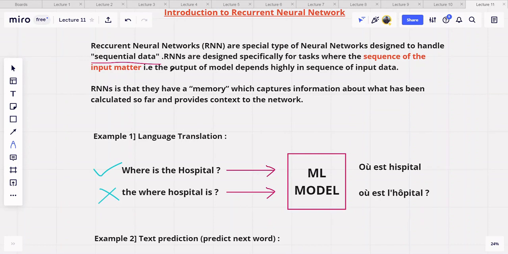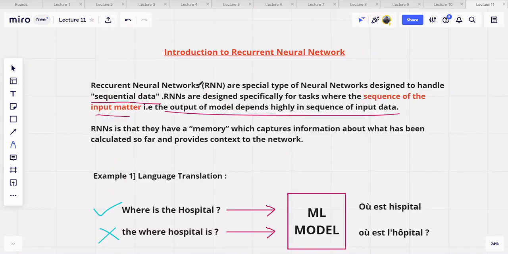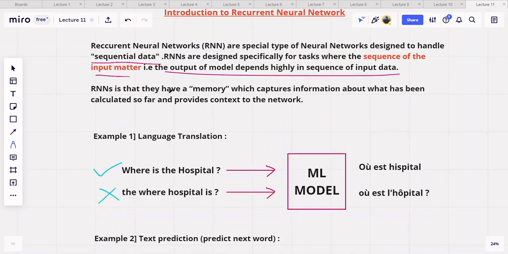RNNs are designed specifically for tasks where the sequence of the input matters, that is, the output of the model depends highly on the sequence of the input. RNNs have a memory which captures information about what has been calculated so far and provides the context to the network. The word context is very important.